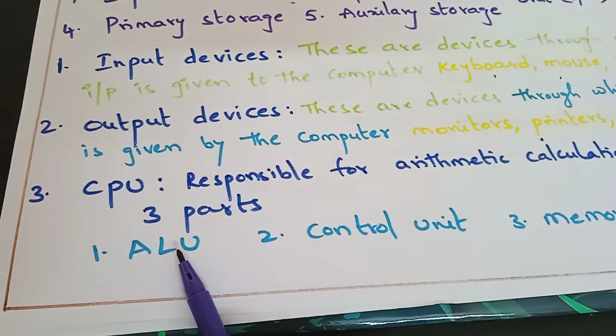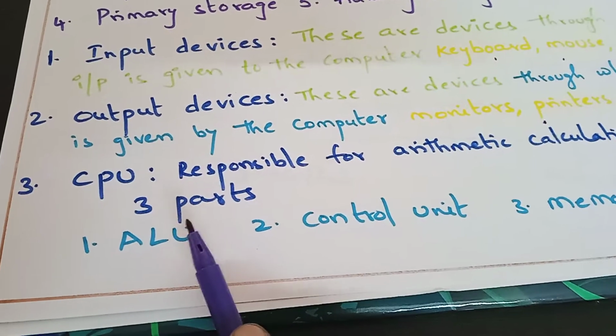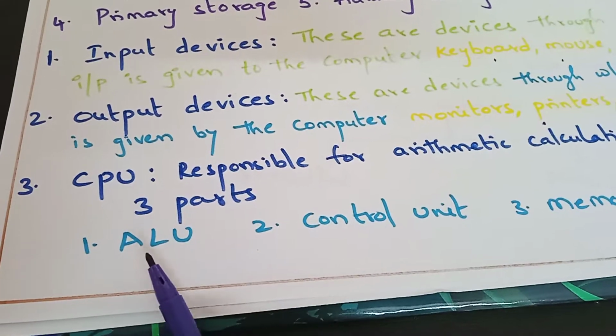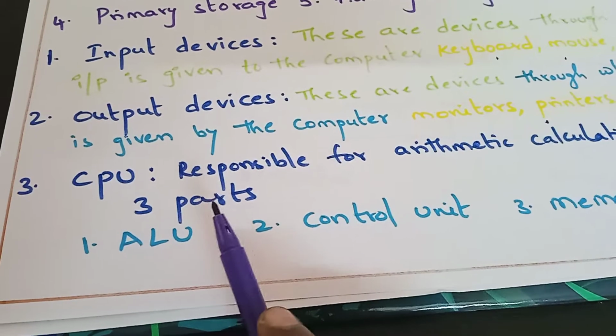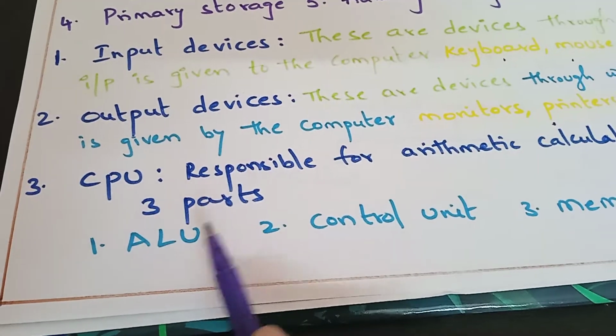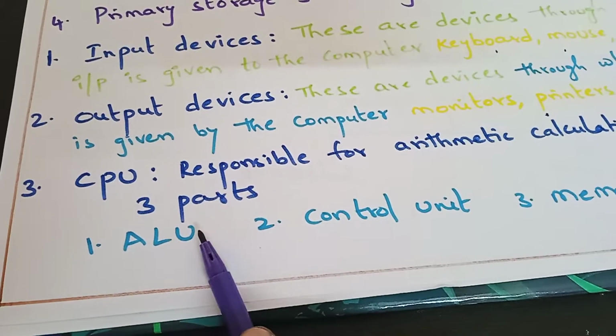I'll make a couple of videos later where we'll get good clarity on what types of operations a computer can do. But as of now, you have to understand that ALU is for arithmetic and logical computations.